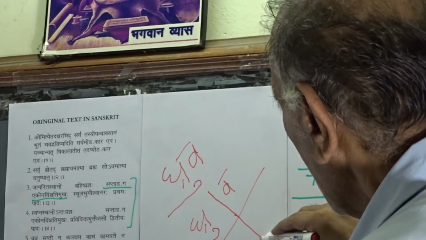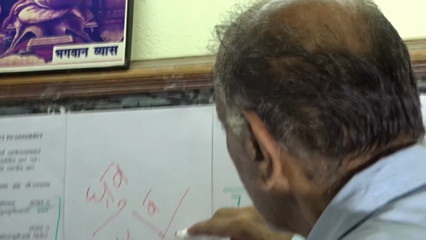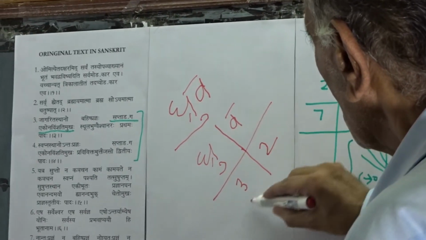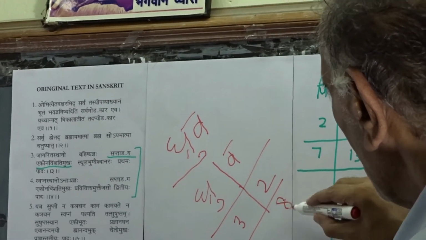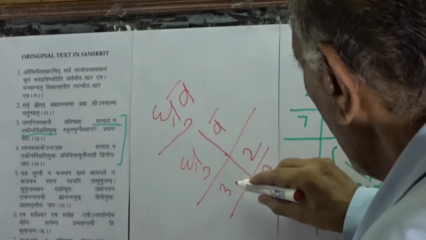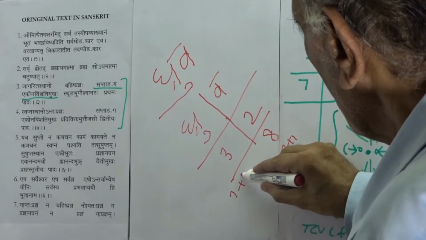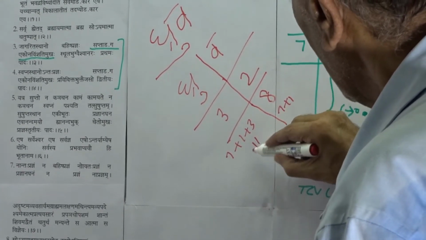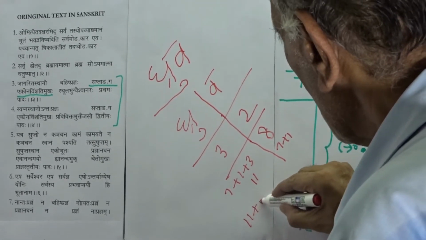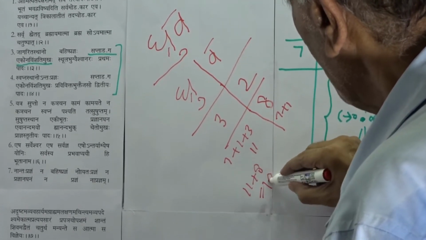Here there are 3 syllables and here letters, and here are 2 letters. This pair of letters are of TC value 7 plus 1, 8, and this is equal to 7, 1 plus 3 is equal to 11. Now 11 plus 8 is equal to 19.